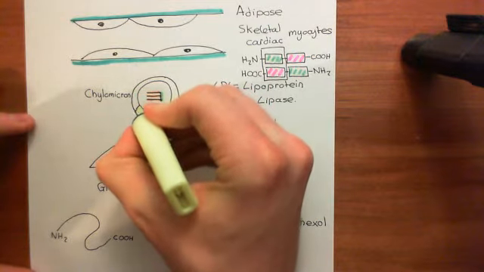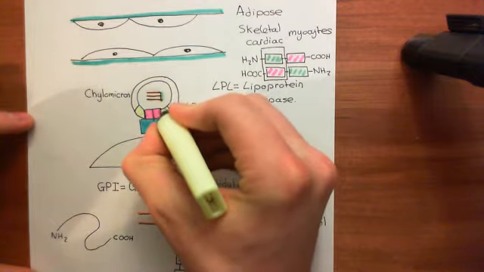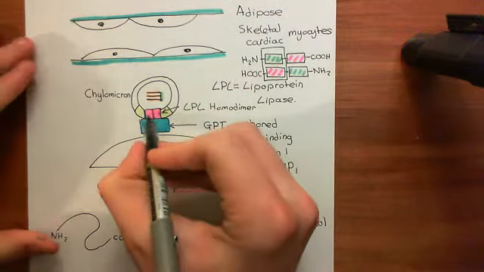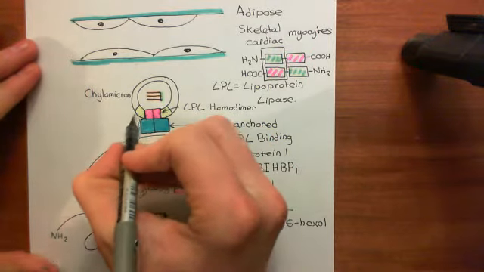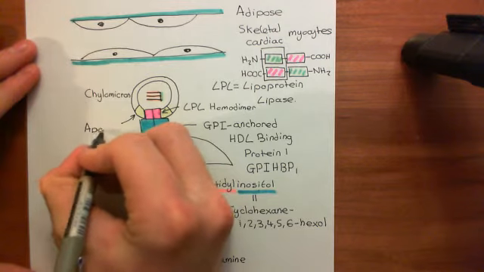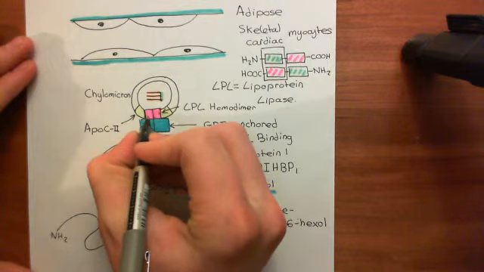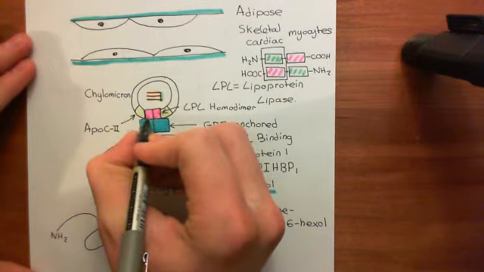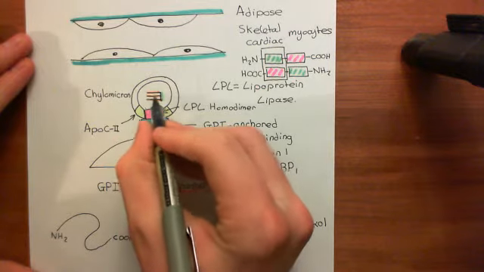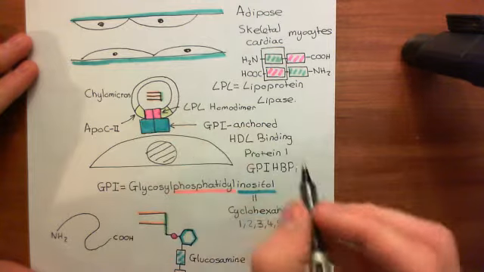It's bound to smudge. Okay, so in yellow here are two molecules of apolipoprotein C2, and you can see that they are binding with the lipoprotein lipase. When the apolipoprotein C2 binds to the lipoprotein lipase, that will activate the lipoprotein lipase. And now the lipoprotein lipase is going to set to work on these triacylglycerols here.